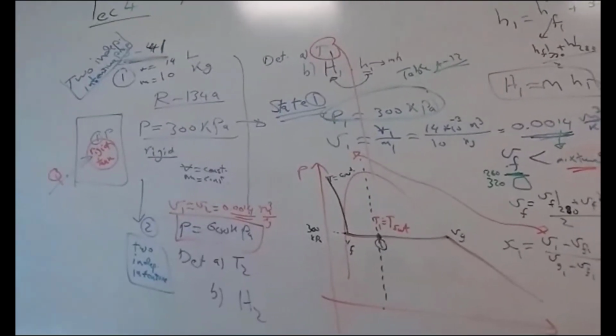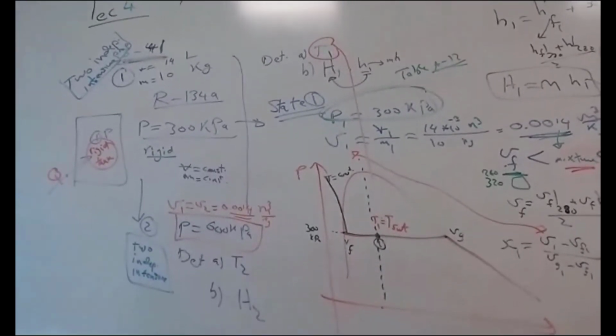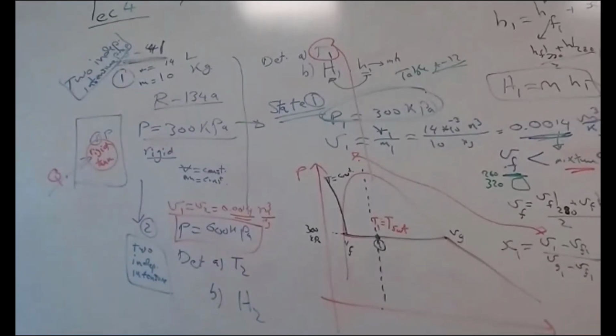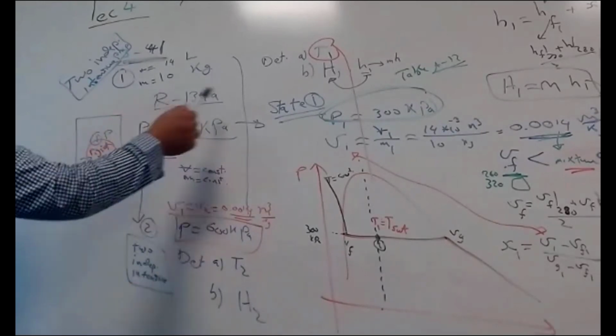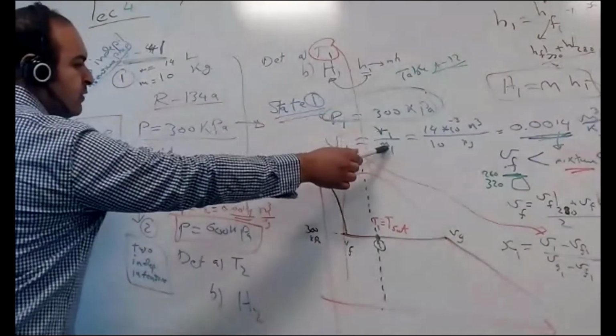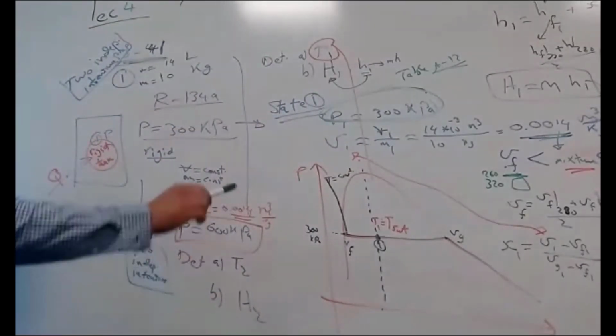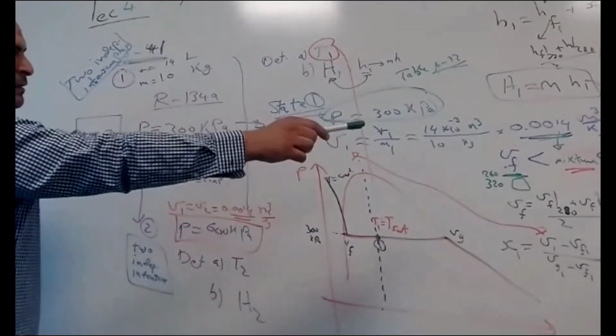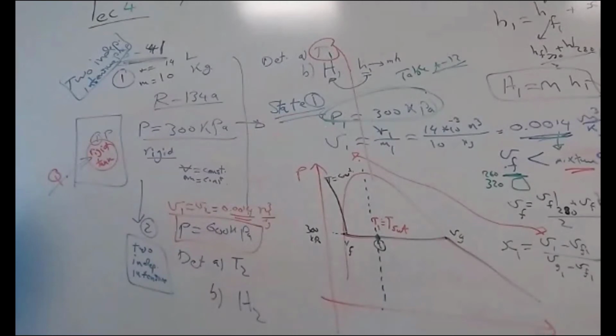Hello, okay, good. So in this problem, state 1: we have a pressure, and we have a specific volume from volume over mass. It was in between the liquid and the vapor at this pressure, which means mixture, and we can get everything.